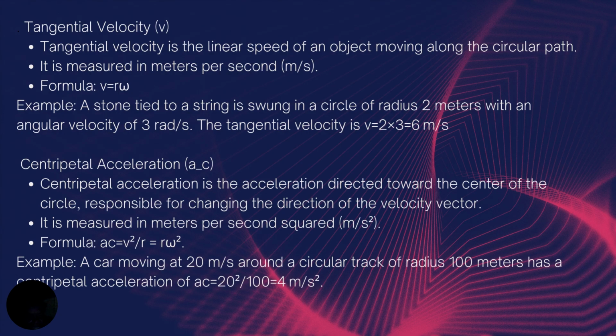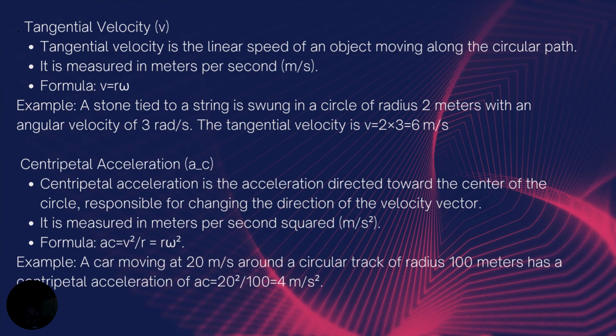So the next is tangential velocity. A tangential velocity is the linear speed of an object moving along the circular path. Imagine, for example, that you tie a stone to a rope or a thread, and then you are whirling it around fast in a circular motion.